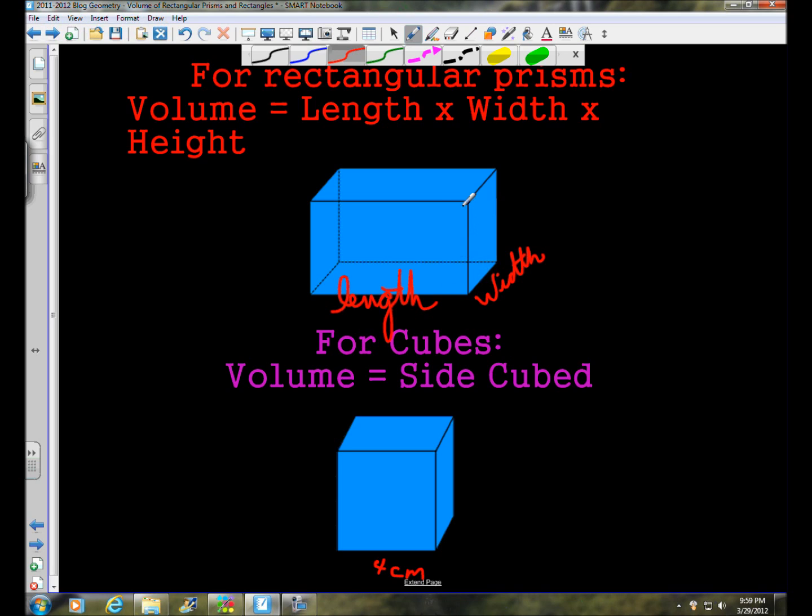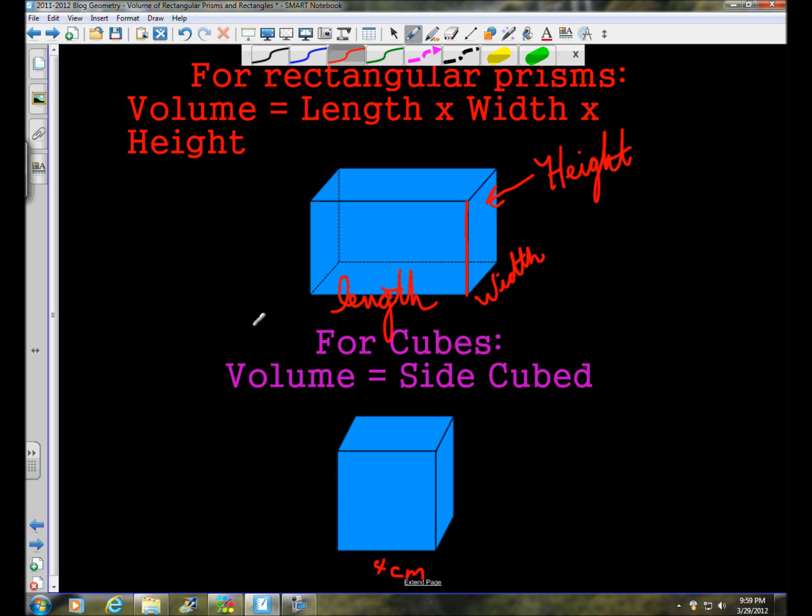So along here, we have a new dimension, and that would be its height. And when you multiply these three, you will find your volume measured in cubic units. Just like you have 3 dimensions, you have your units raised to the third power.